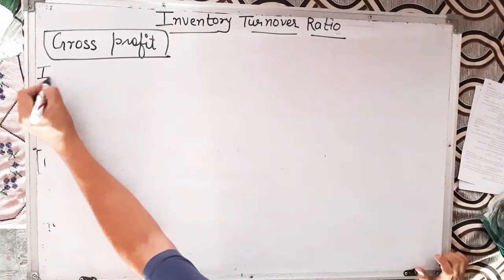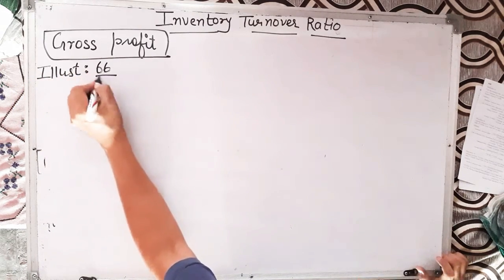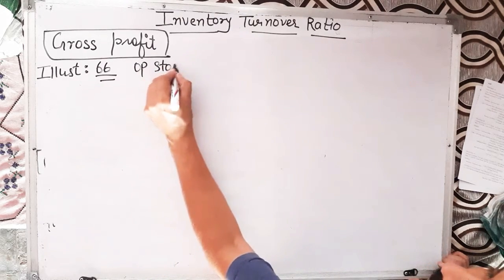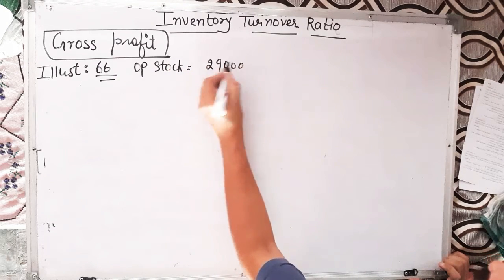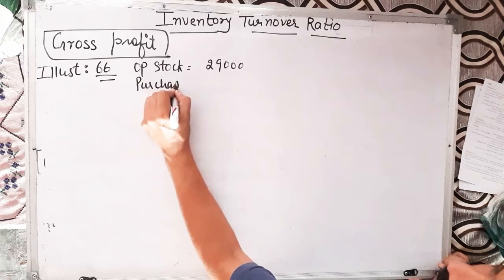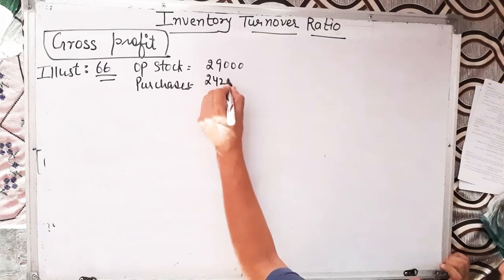We have illustration number 66. Opening stock is equal to 29,000. Purchases is equal to 2,42,000.